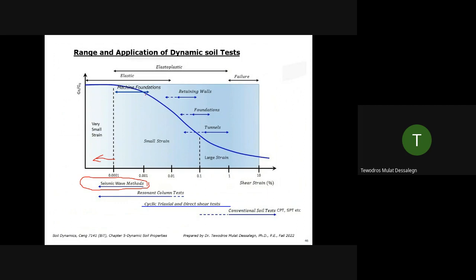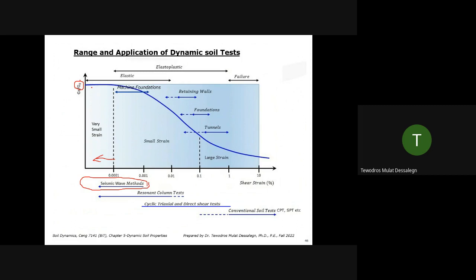So all this blue line you see is the degradation curve for Gmax. G is the shear modulus we get at any strain using any test applicable at that strain, and it's dimensionless, divided by the maximum value. That's why it's called Gmax or G naught, the original G value, or the static G value, which is the maximum value.